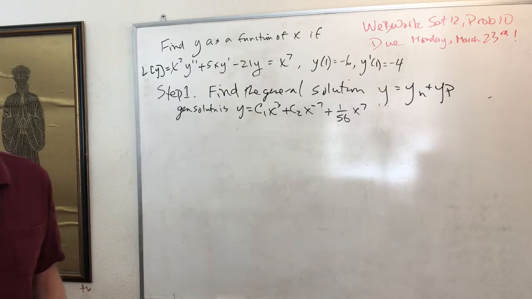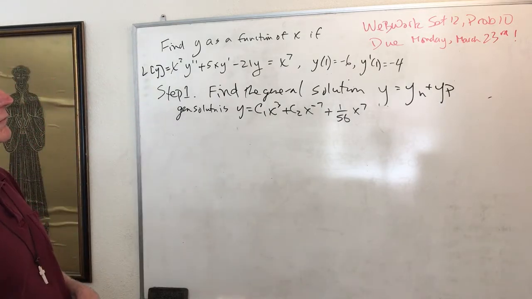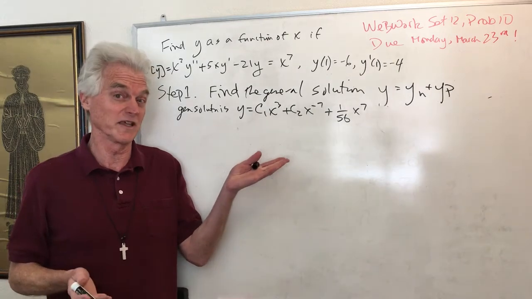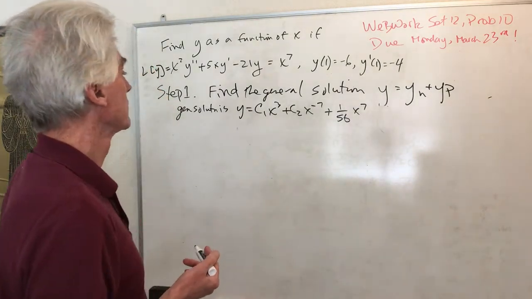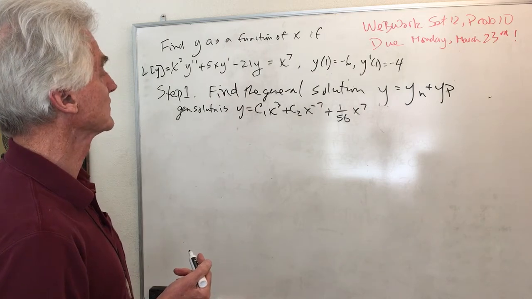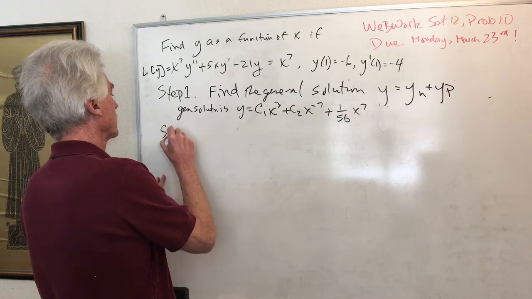It would be kind of nice if we could just ask you to do this, because it's going to get a little bit messier from now on. But that's not what the question asks. All right, so now we want to start step 2.